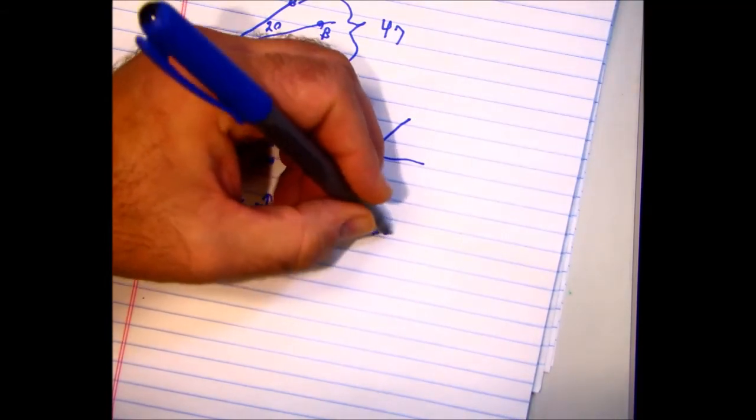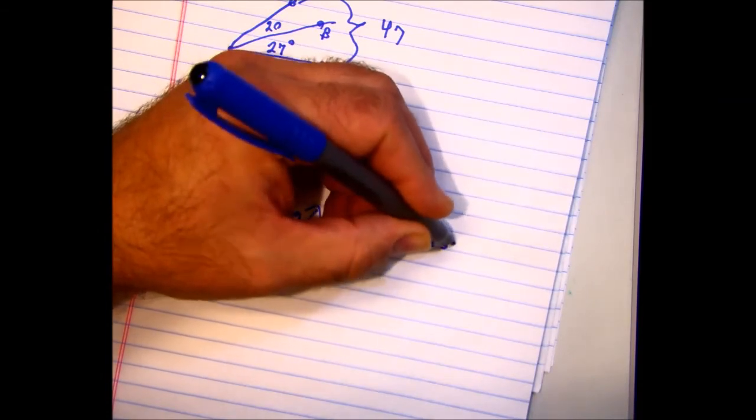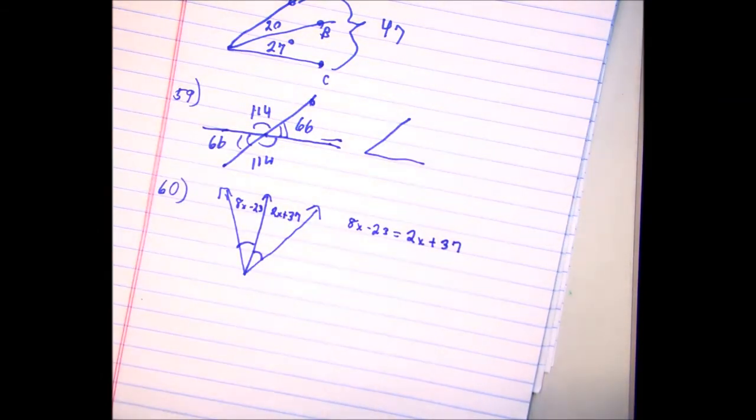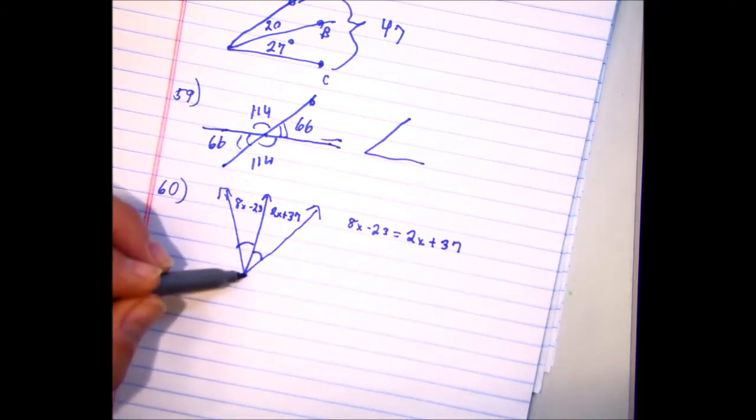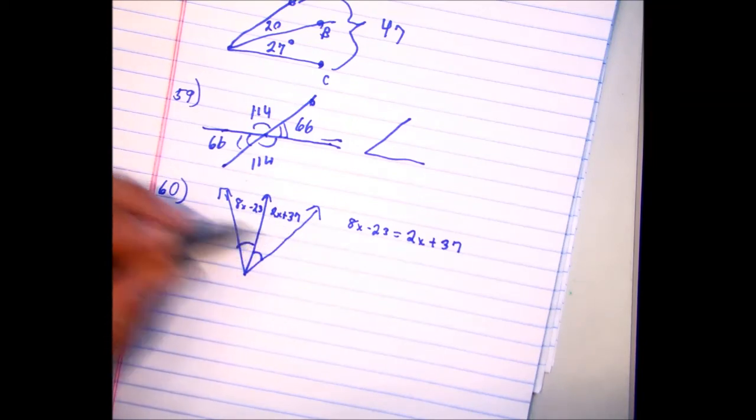Now, the problem with this one is I believe after you solve for x, you need to go back and read what the question says, because it says solve for x and the measure of LMN. Now, LMN is the big angle. So it's not just this piece, it's not just this piece, it's both of them.